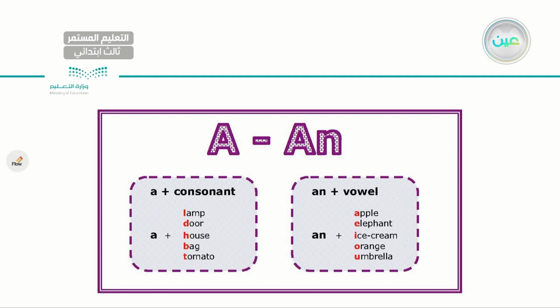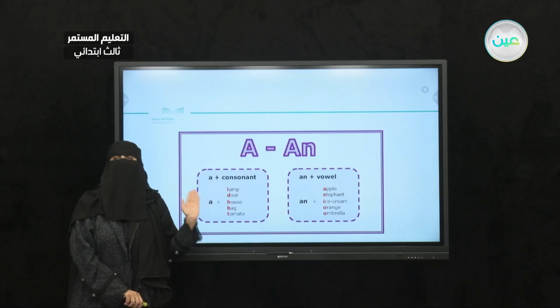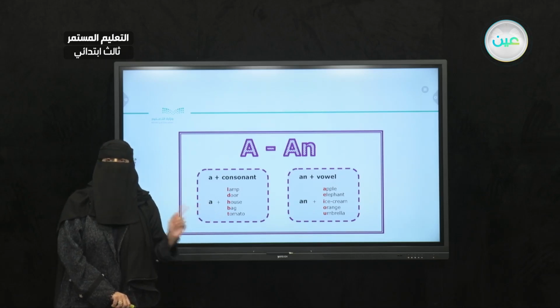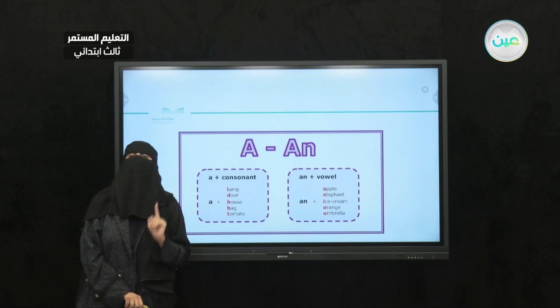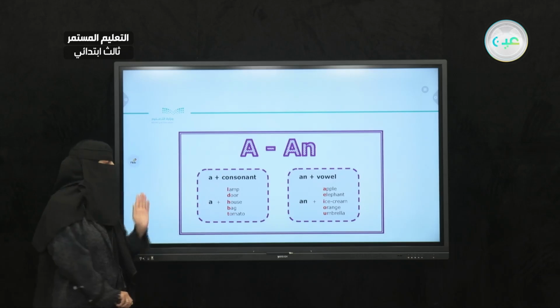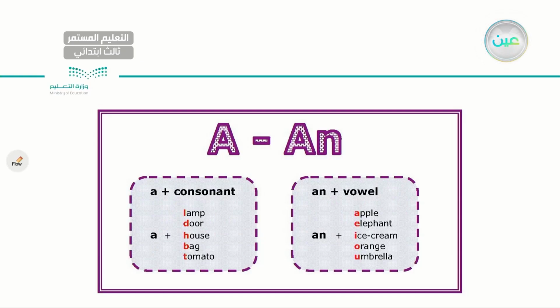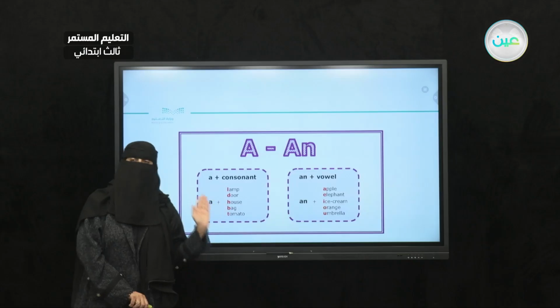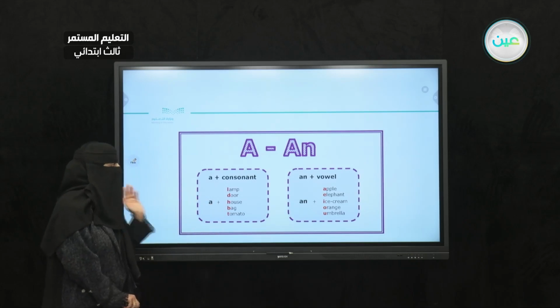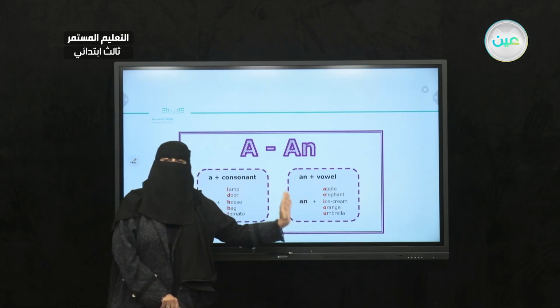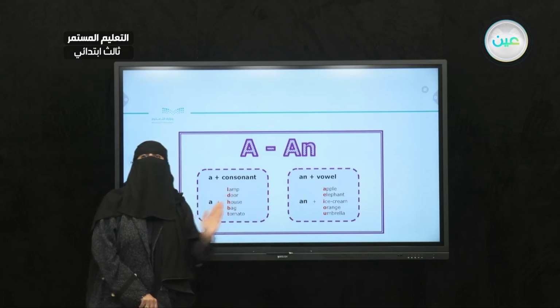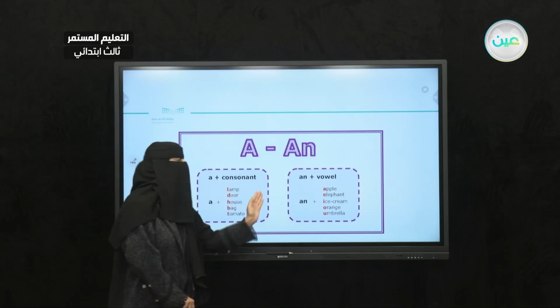All the letters I read are consonants, okay? And remember, they have to be singular, just one item. If the noun starts with a consonant, we will be using a. But with words or nouns that start with a vowel, we'll be using an.